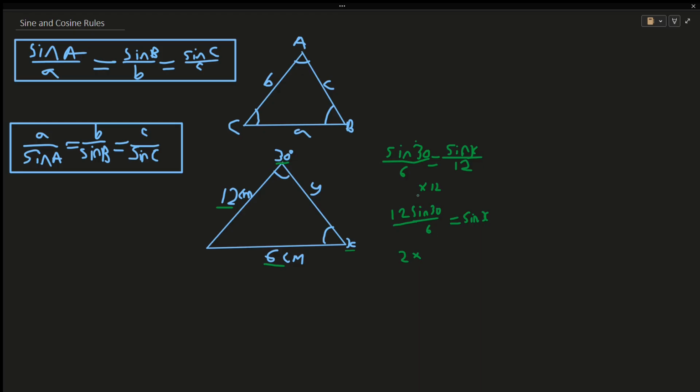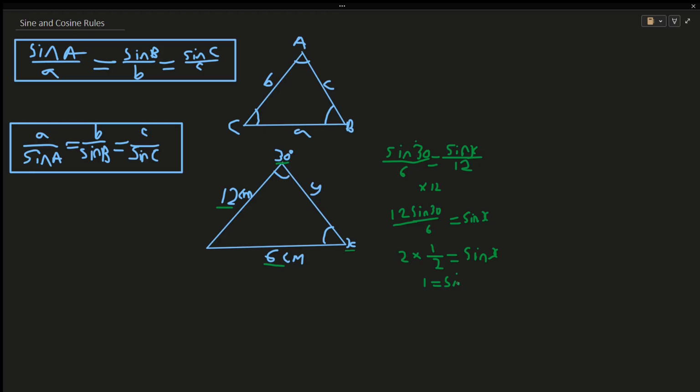Let's figure out what sine 30 is. Sine 30 is half. If you use a calculator, sine 30 is half, or if you remember it off by heart, that'd be great. So 2 times a half is 1, which is equal to sine x.